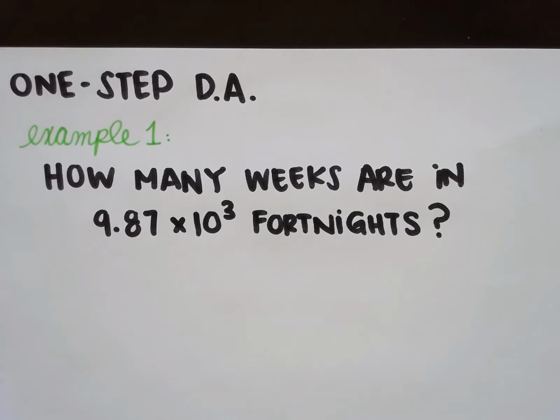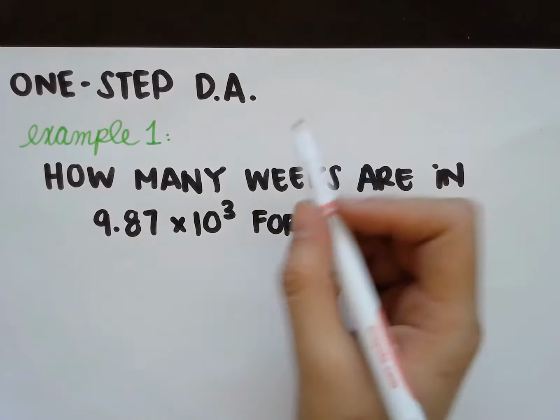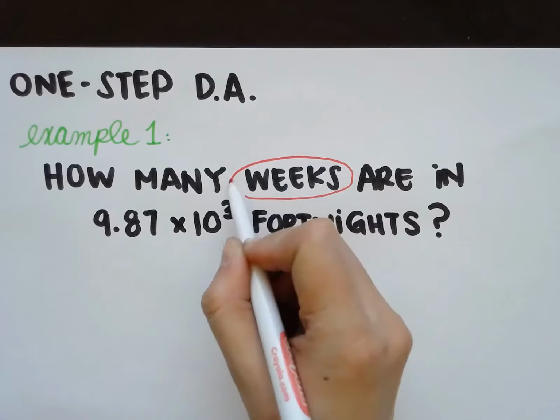Step 1 of dimensional analysis is that you're going to mark up your problem. The way that I like to mark up my problem is I like to look at the units and figure out what I'm going to solve for. In this case, how many weeks are in 9.87 times 10 to the third fortnights? Weeks are the unit that I'm trying to go for.